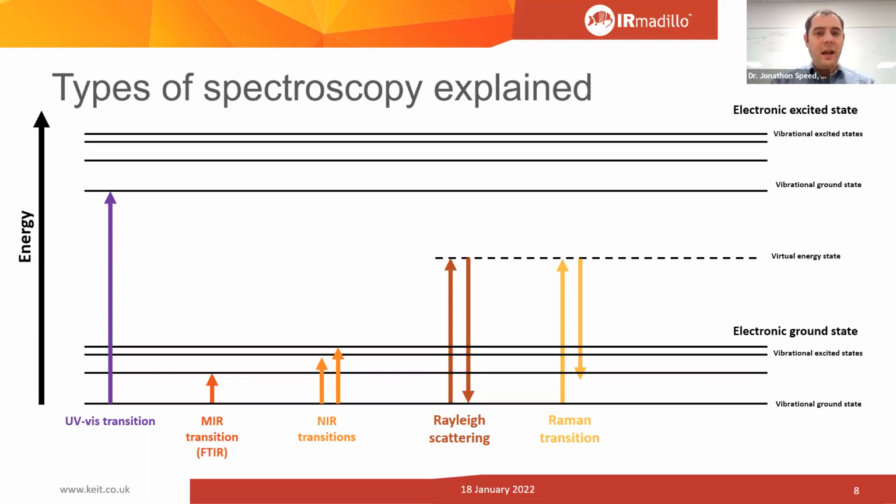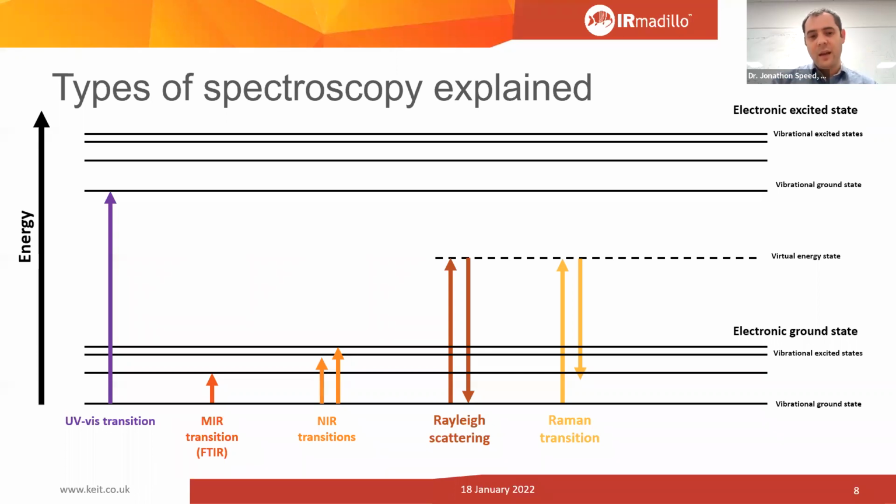A mid-infrared transition corresponds to kicking more energy into that, speeding them up and making them move even faster, jumping up an energy level. So you can see it's the same fundamental concept. We go from ground to up one level for UV-vis. We're doing the same thing, but in the next set of rungs. It's a smaller rung to jump up, but that's all mid-infrared is.